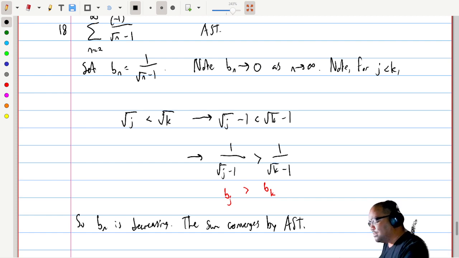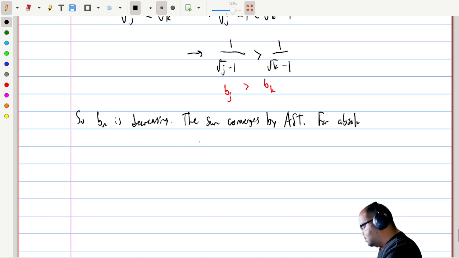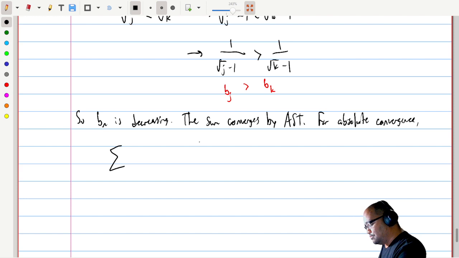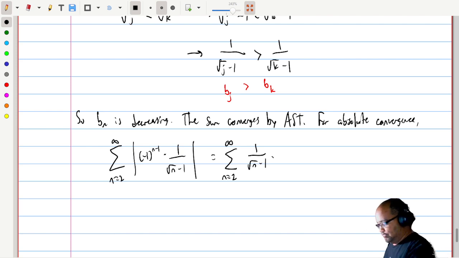Now, for absolute convergence, we want to check for absolute convergence. Take absolute values, which just removes the alternating bit. But this should look familiar.